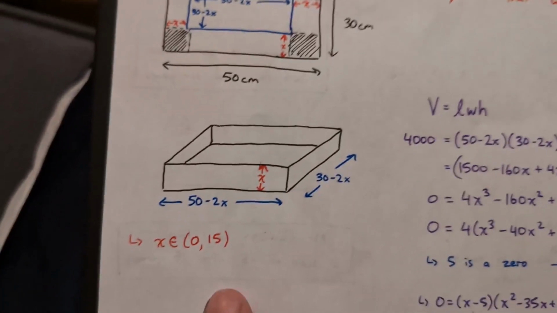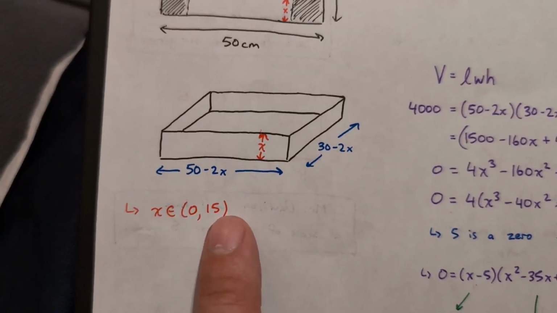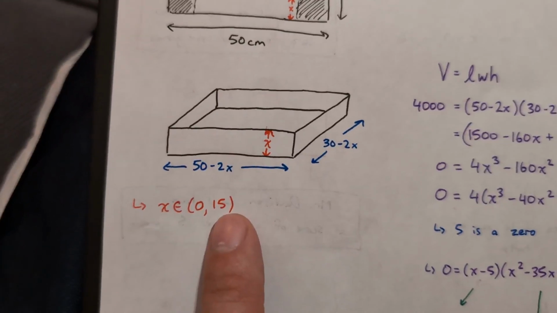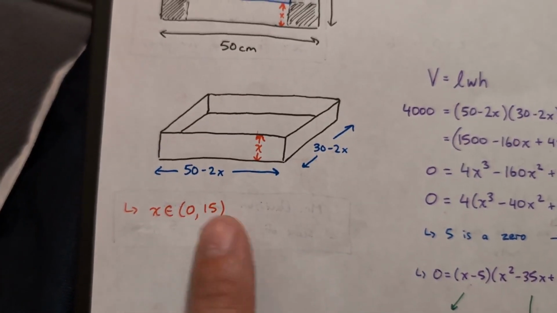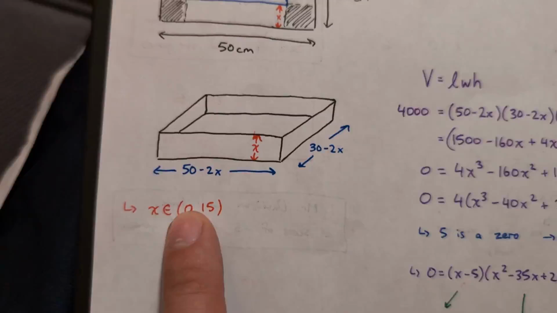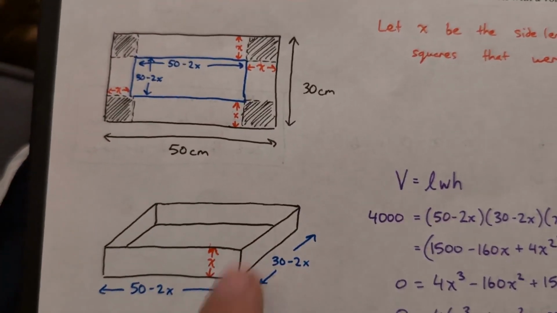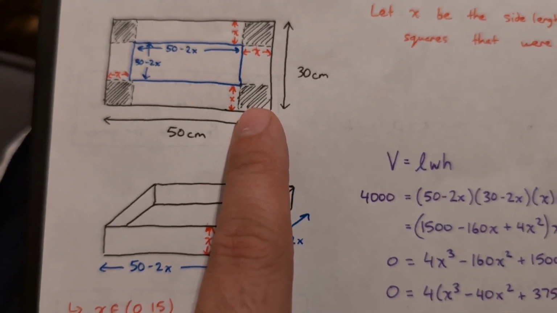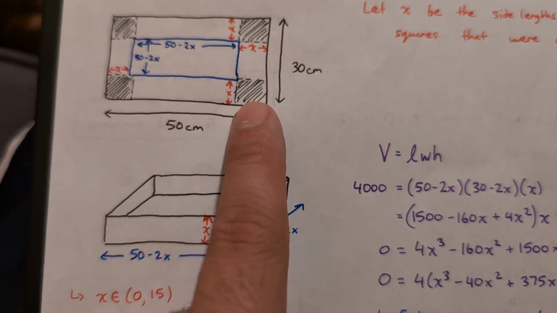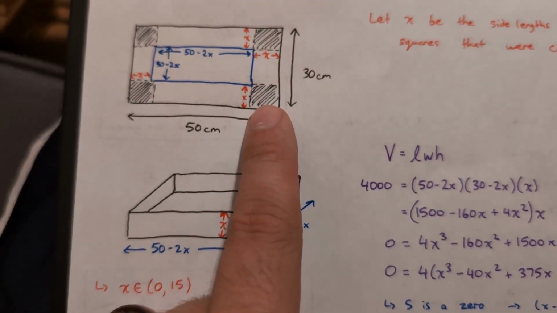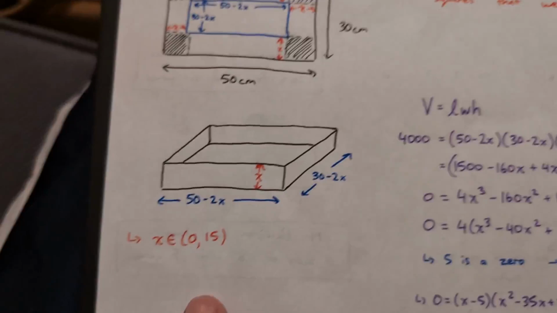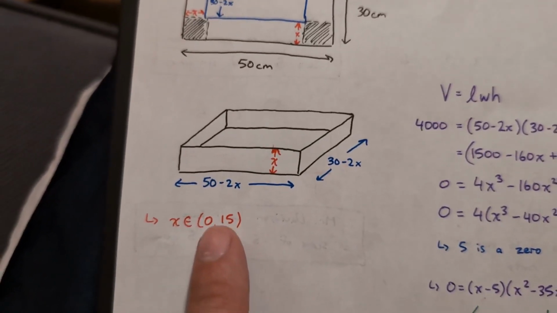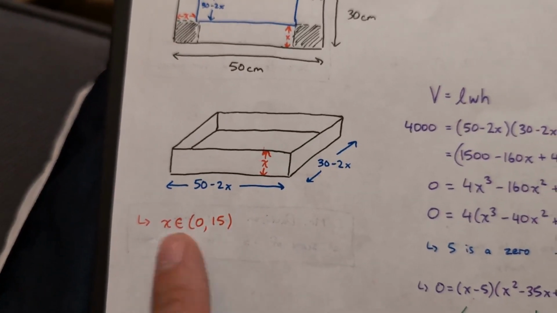So 15, really we don't want to include 15, so I put a round bracket, but that's the highest our X can go. And the lowest our X can go is 0, because we can't have a negative length, a negative amount cut out. But if I don't cut out anything, I don't get a 3D shape. So this we can say is what our restrictions on our domain are.